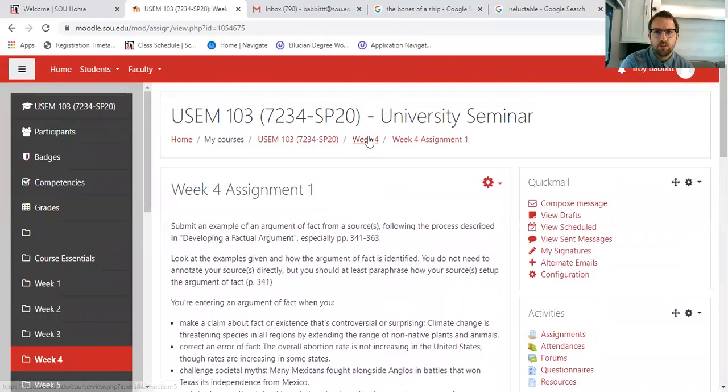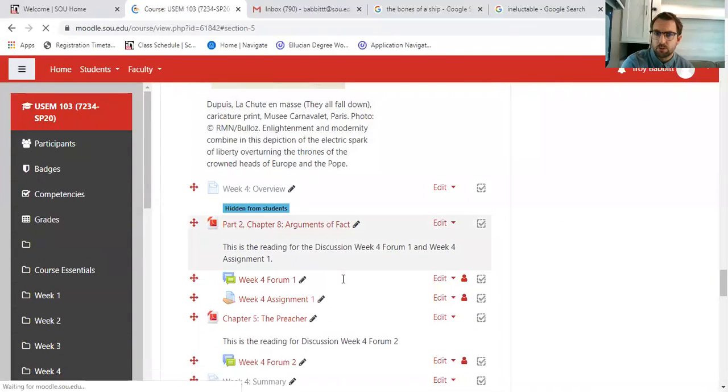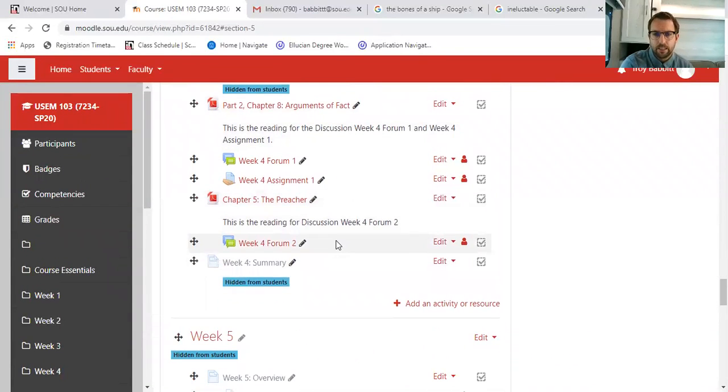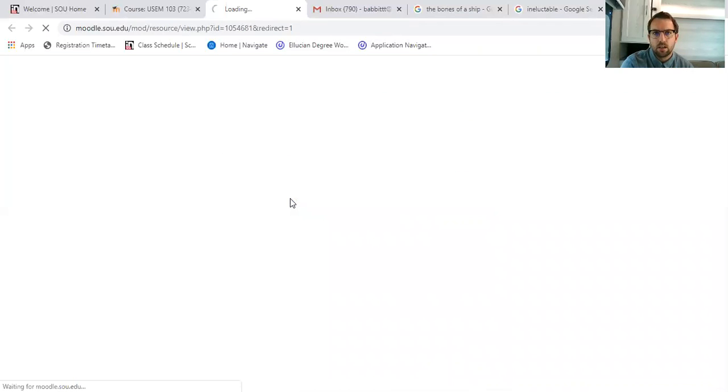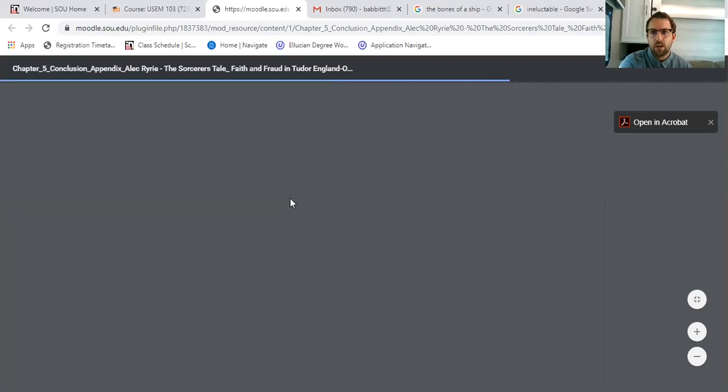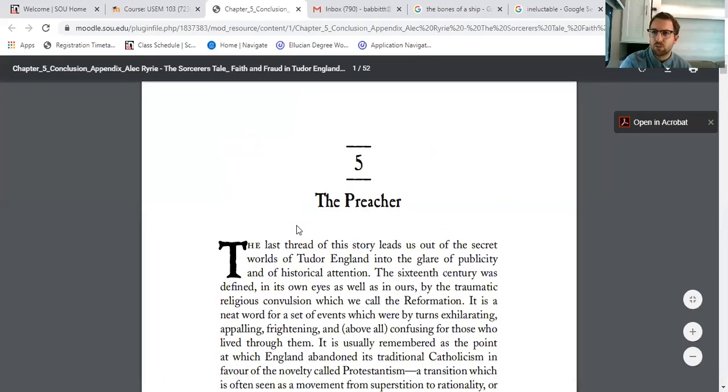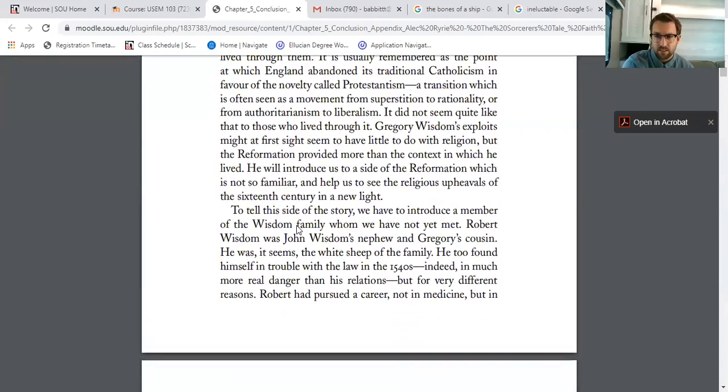The second portion is going to be reading chapter 5 of The Sorcerer's Tale, The Preacher. And this is the final chapter of the text, so you'll be finally finished with The Sorcerer's Tale. I gave you a copy of The Preacher that also has the conclusion and the appendix.